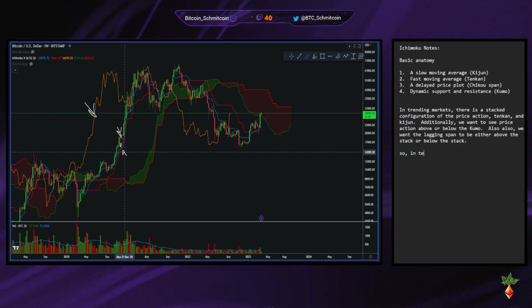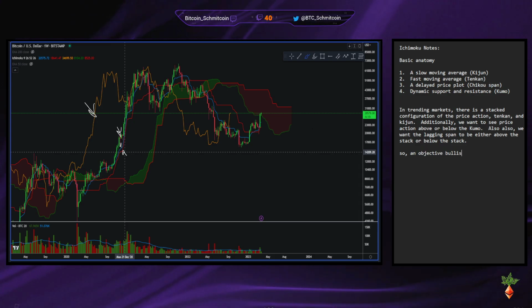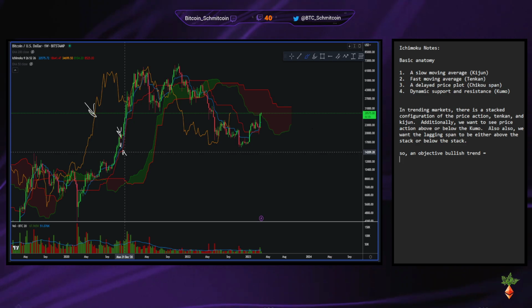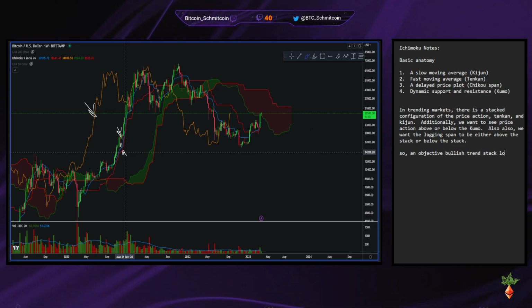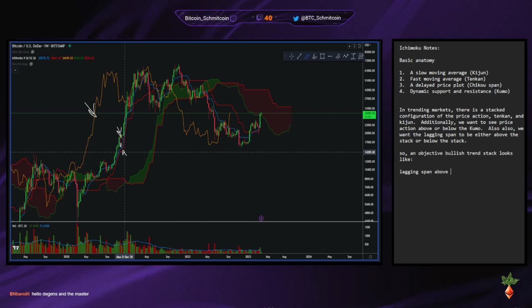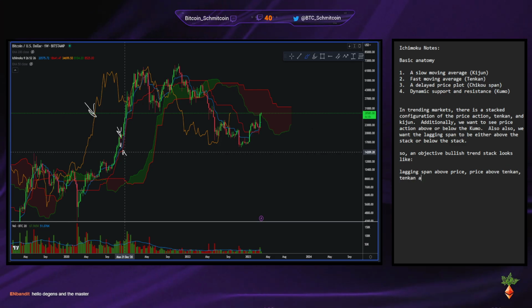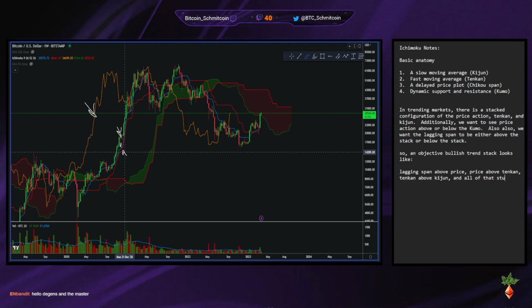So in an objective bullish trend, a bullish trend stack looks like lagging span above price, price above Tenkan, Tenkan above Kijun, and all of that stuff above the Kumo.